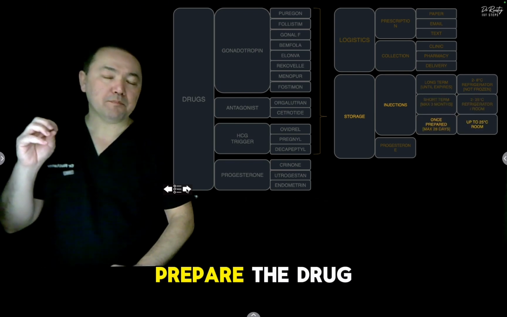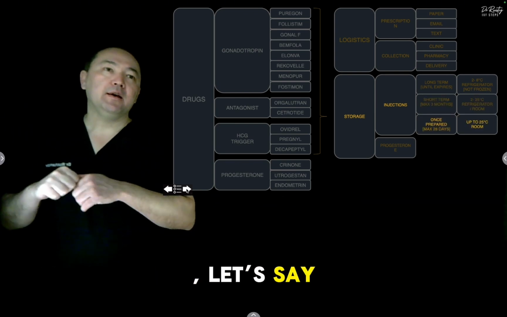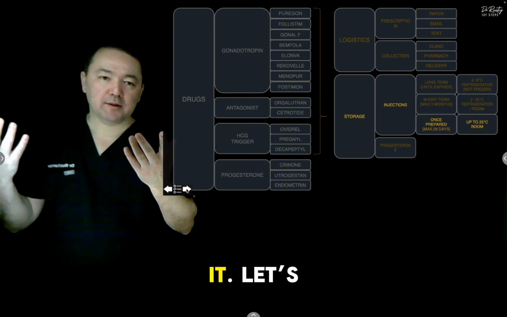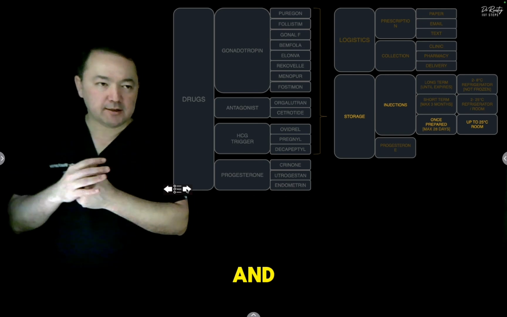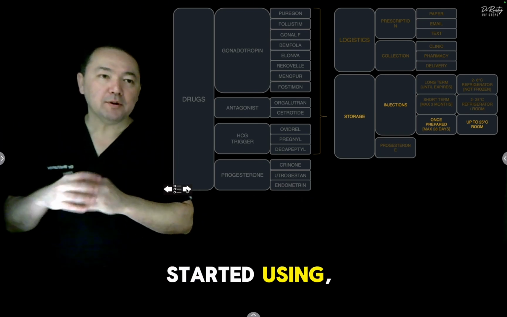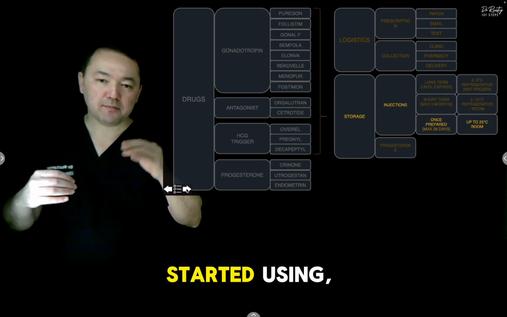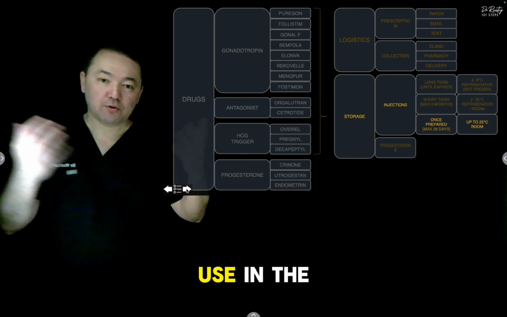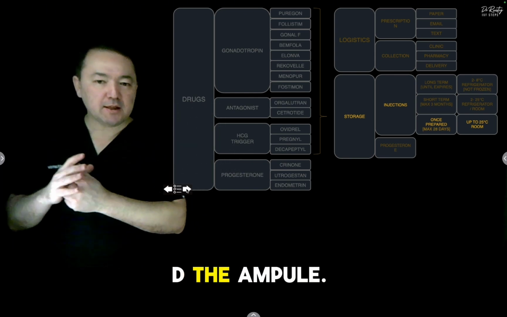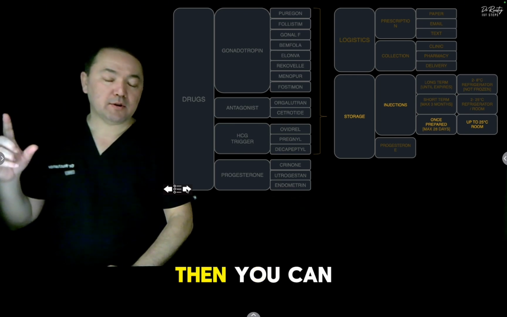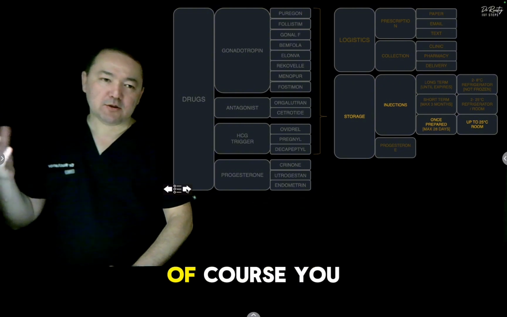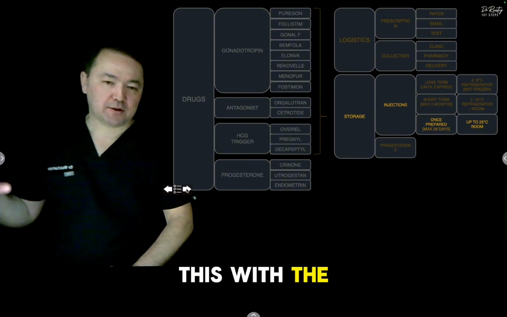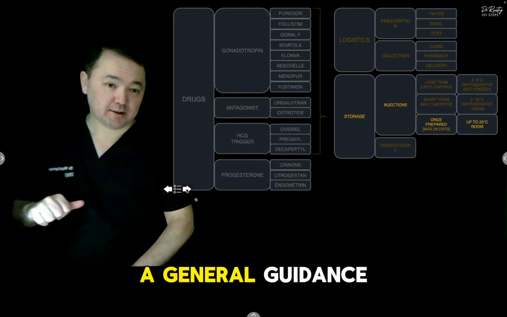Then if you've prepared the drug, let us say you started using Gonalef, for example, you pierce the ampule, started using it, and you may have some left, which you can use in future cycles. Once you pierce the ampule, you can store that drug at room temperature and use it for up to 28 days. Of course, you need to check this with the manufacturer's instructions. This is just general guidance.